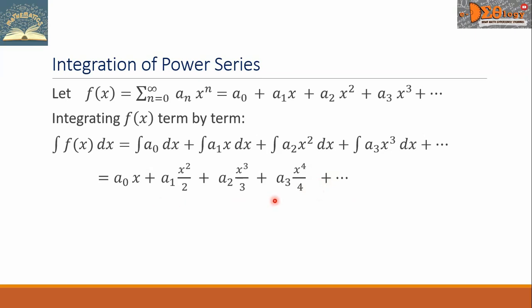With this new series, we can write it in sigma notation: summation from n equals 0 up to infinity of a sub n times the fraction with numerator x raised to n plus 1 all over n plus 1, and then plus C.